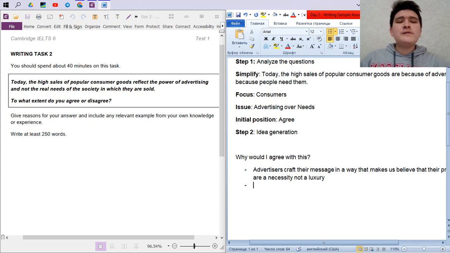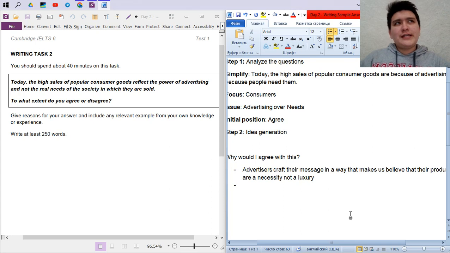So okay, this is my idea. Yes, it's true that advertisers specifically craft their message in a way that appeals to consumers and makes the luxury sound like needs. For example, the iPhone 14. I watched their commercial and realized that they made it look so much like a need that you would want to buy it regardless of the price.